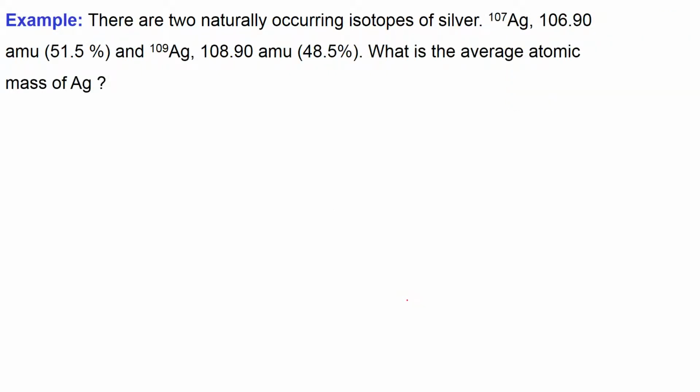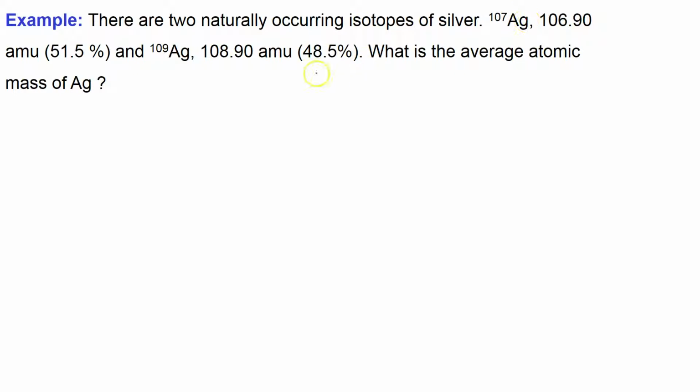Okay. Here's another one. It says there are 2 naturally occurring isotopes of silver, silver 107, which has this mass, and that comprises 51.5% of all silver atoms, and silver 109, which has this mass, and that comprises 48.5% of all silver atoms.